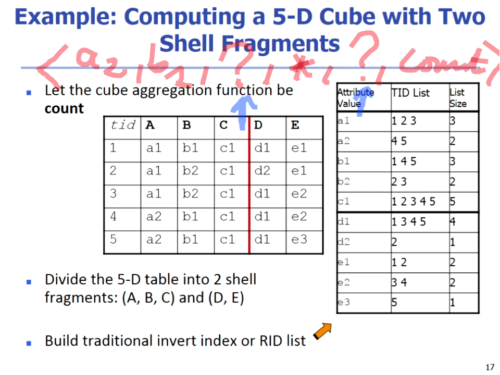Okay. So how will we compute this online query? The first step is to divide the query into fragments, same as the shell. So here, for example, this is my first fragment, A1 B2.